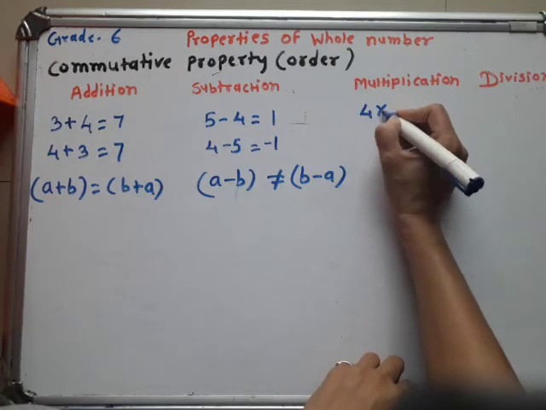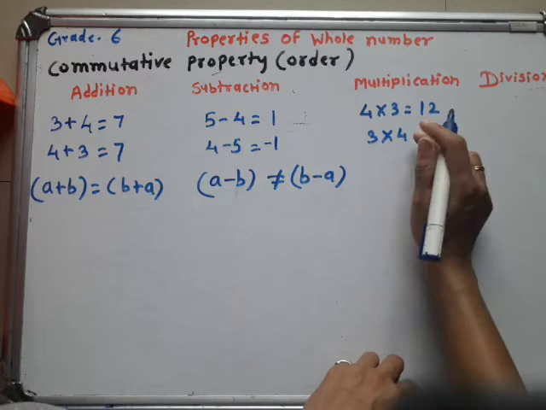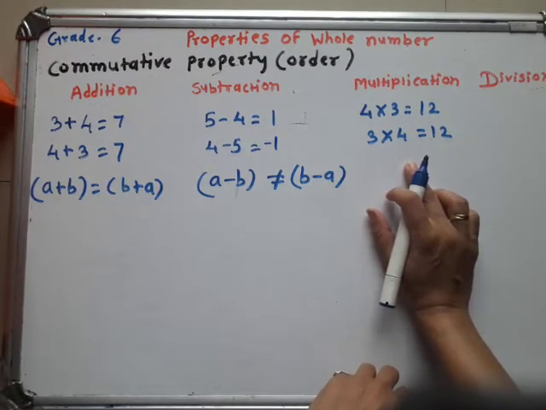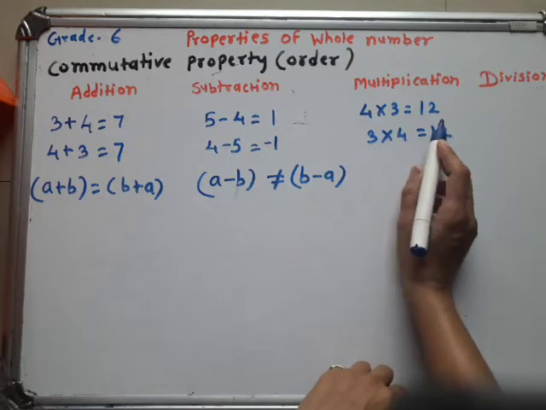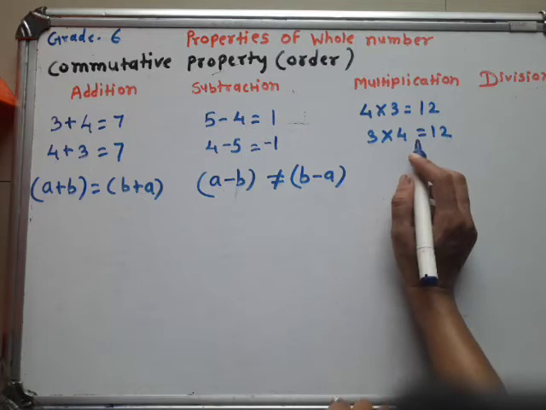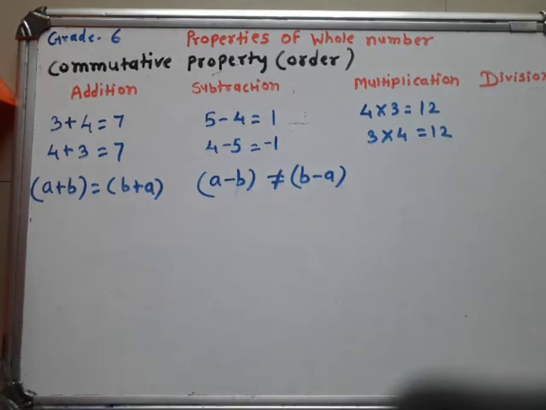Again the same, 4 multiplied by 3 we get 12. 3 multiplied by 4 we get again 12. So here we change the order of the numbers. 3 fours are 12, or 4 threes are 12. We get the same answer. Means the commutative property for multiplication is applicable for whole numbers.